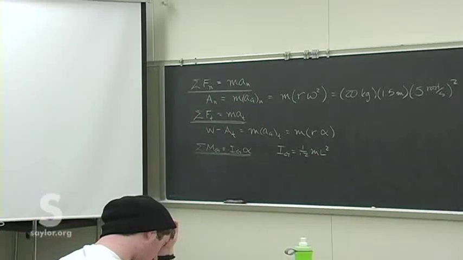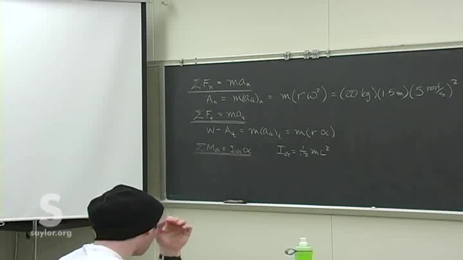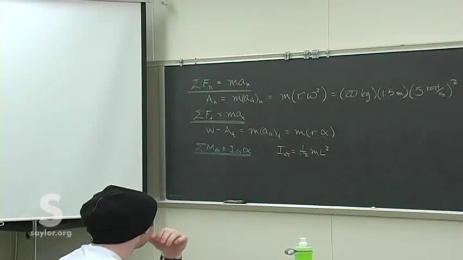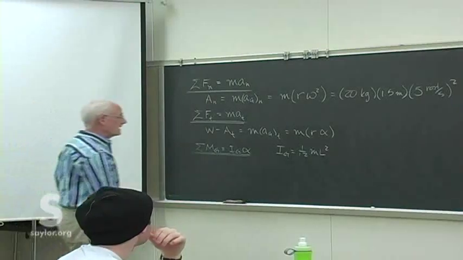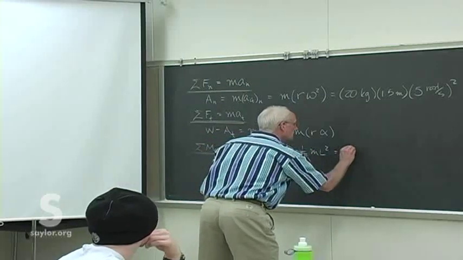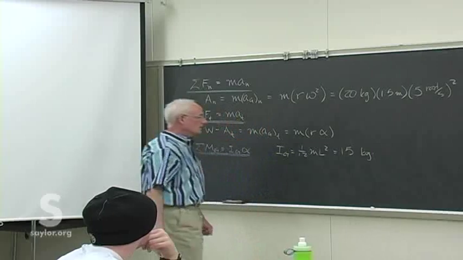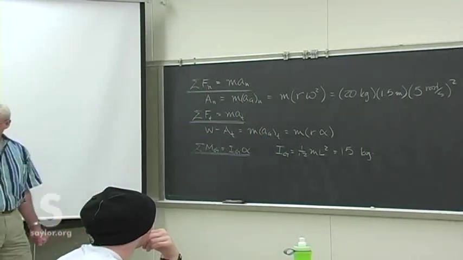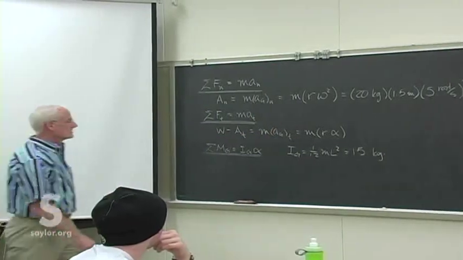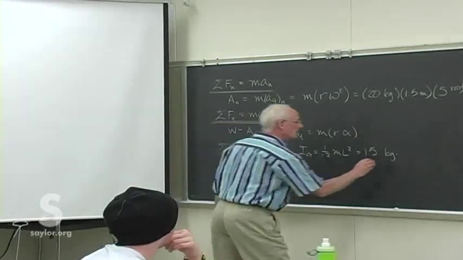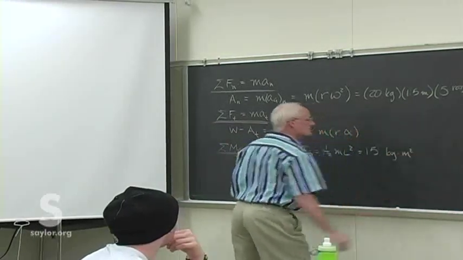And we have all those. We know the mass is 20 kilograms. And we know the length is 3 meters, so we can figure that out. As requested this morning, you want me to do the hard stuff, so you don't have to. So this is 15 kilogram meters squared.